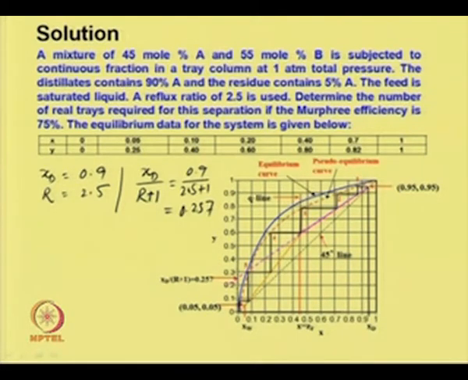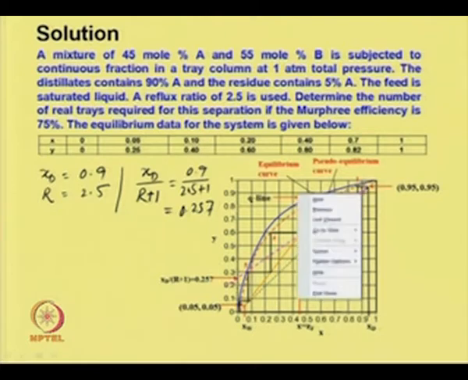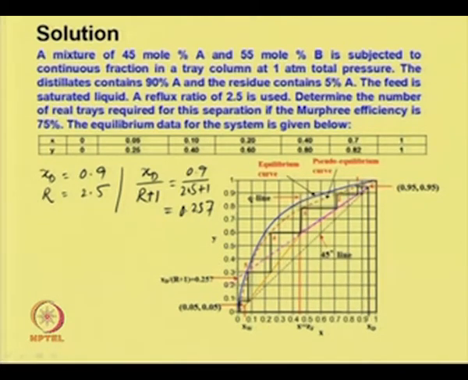We know the point xd, we know the point at 0.9 and 0.9, and then we can plot the operating line through this. So, this is the point.